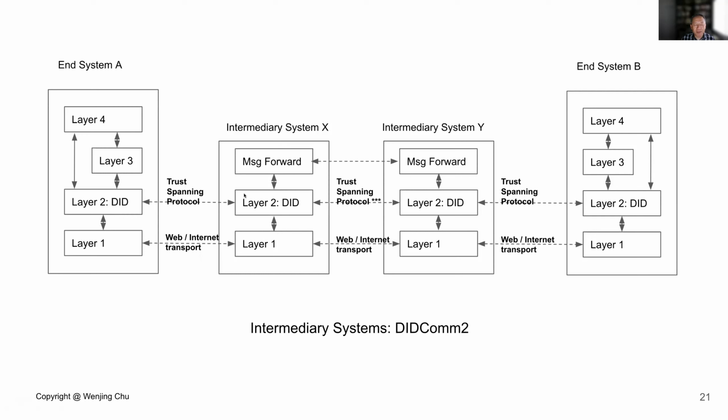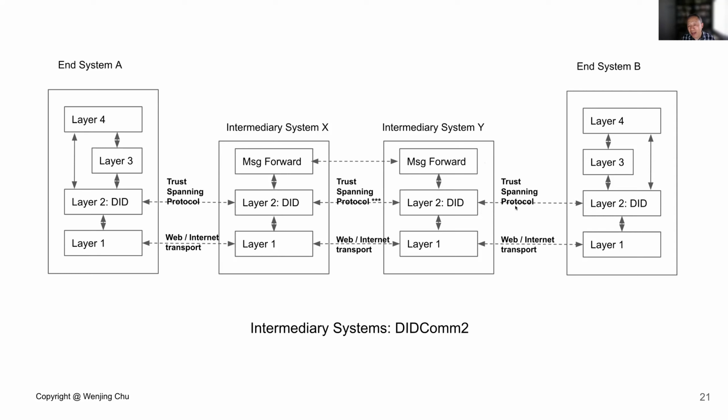That message can then be forwarded to one or more intermediary systems, very similar to how a router routes IP packets, but it's in the trust layer, in the layer above the transport layer.